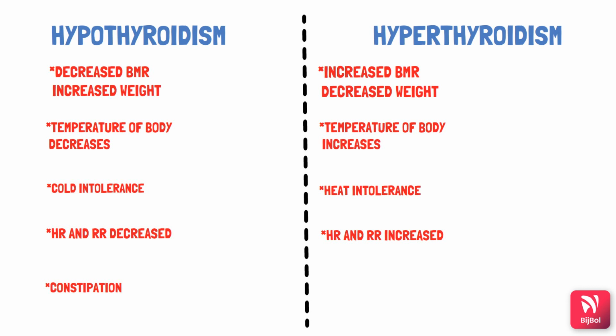Gastric motility doesn't occur that fast, and this results in constipation. The patient suffers with constipation. Whereas in hyperthyroidism, there is fast metabolism, which means fast gastric motility. Gastric motility is more, so the patient can experience diarrhea. It's just simple logic. It's all based on the basal metabolic rate.